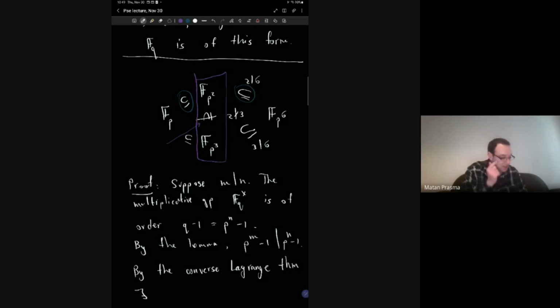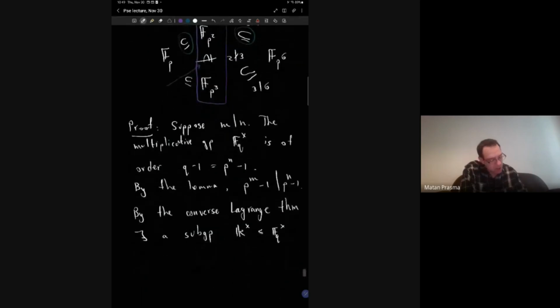there exists a subgroup, which I will call K star. And this is a subgroup of FQ star of order p to the m minus 1.